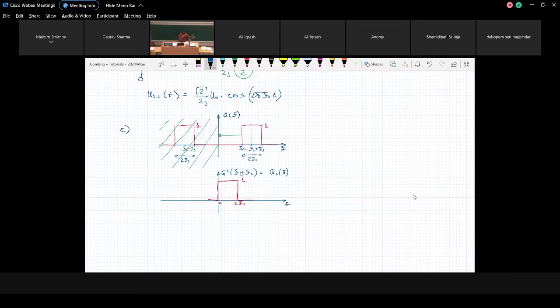And then we need to draw the impulse response GL of t and the transfer function GL of f. We have the transfer function in the low pass range, but in order to find the impulse response in the time domain, we have to write the expression for the transfer function in the low pass range. So how can we describe this function?